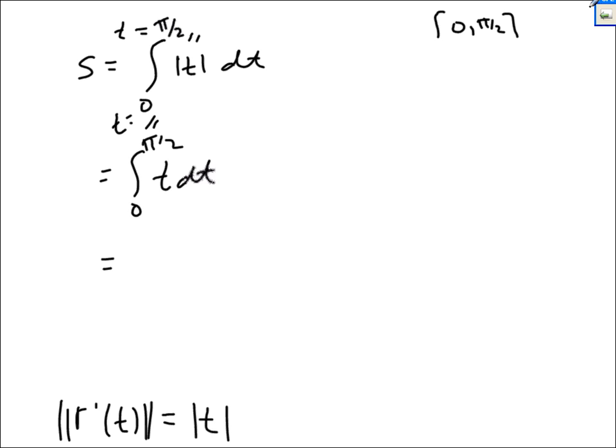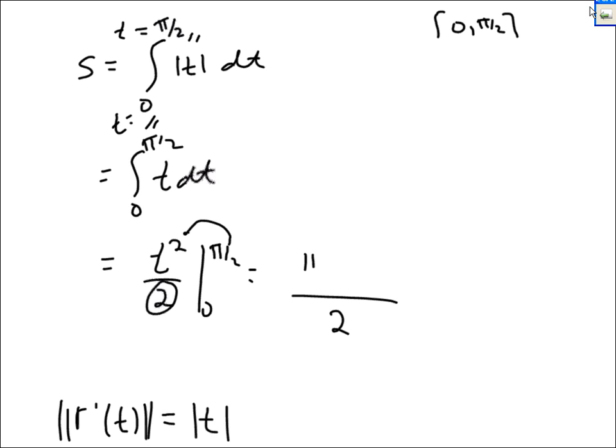And the integral of t is t squared over 2, from 0 to pi over 2. So you plug in pi over 2, you get pi over 2 squared over 2, minus, then you plug in 0. 0 squared over 2, which is 0.